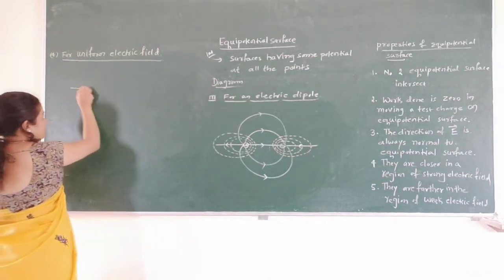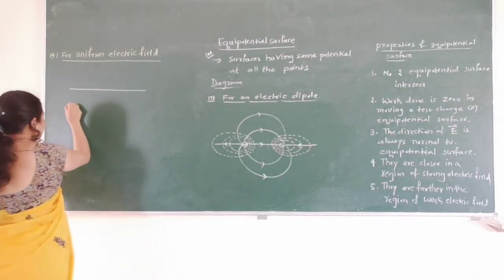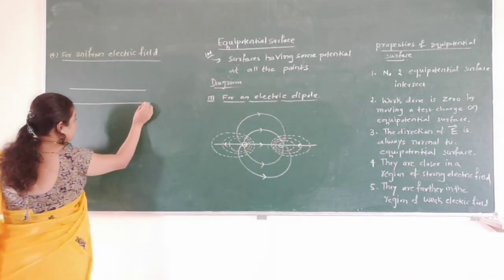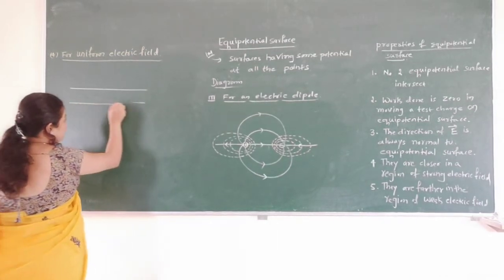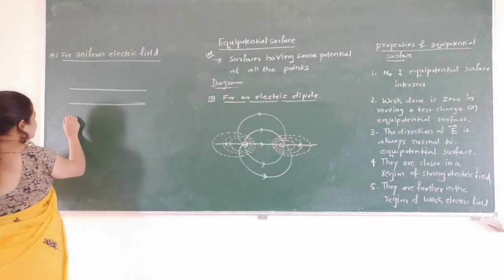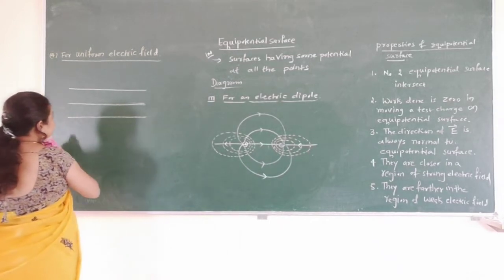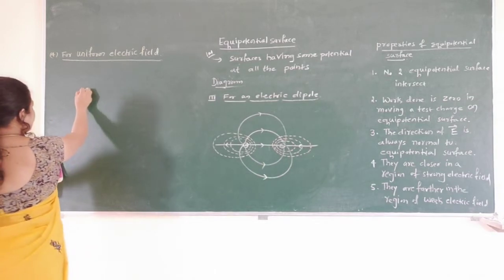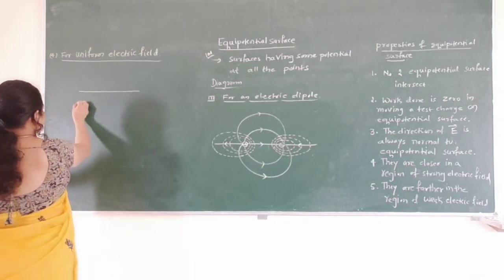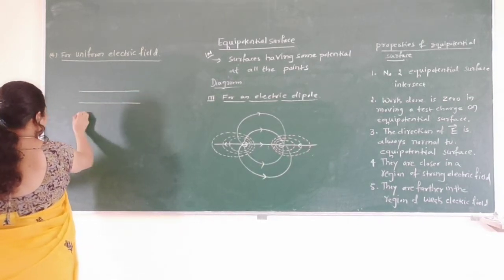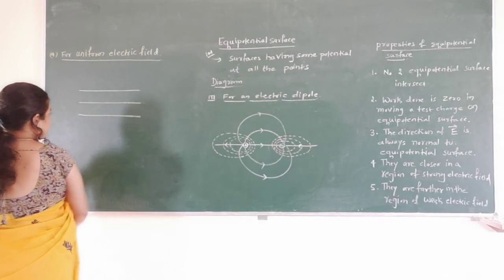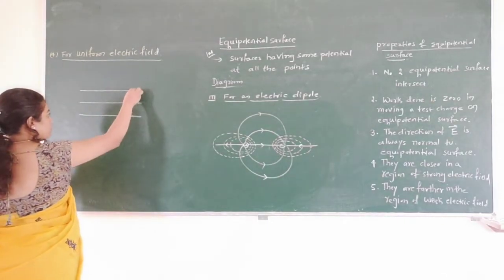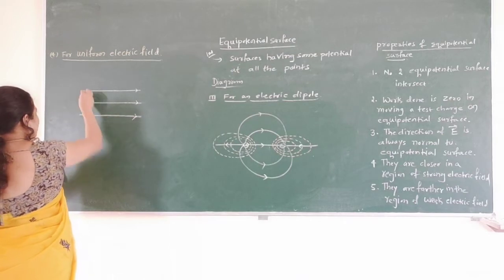Okay, how do you represent uniform electric field? Parallel lines directed, pointed in the same direction. Arrow mark pointed in the same direction.